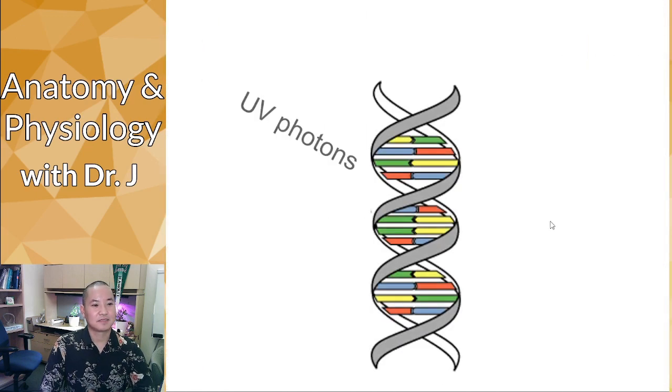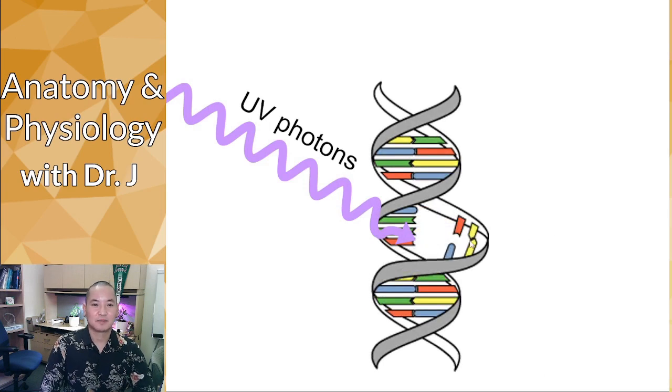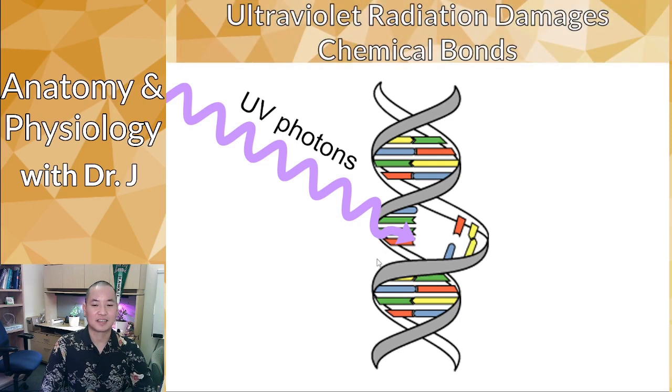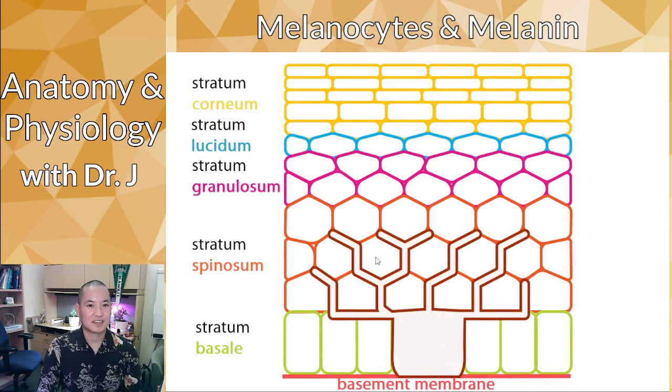So skin pathologies, well, we did talk about one skin pathology. Remember that ultraviolet light has energy, and when it encounters chemicals, what can it do? It can break the bonds between chemicals, or atoms. We covered this when we talked about tanning and why it's important to wear sunscreen.